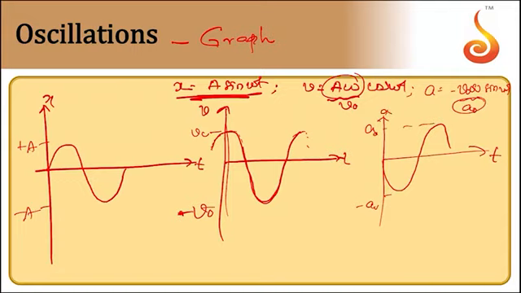So you can represent the motion graphically in this way. Any of these representations is perfectly fine, right? So remember the acceleration, velocity, position graphs, and their representations in terms of time as well as position.